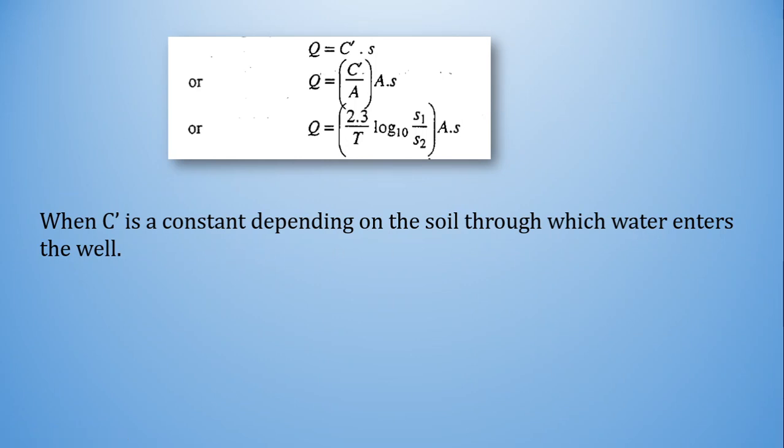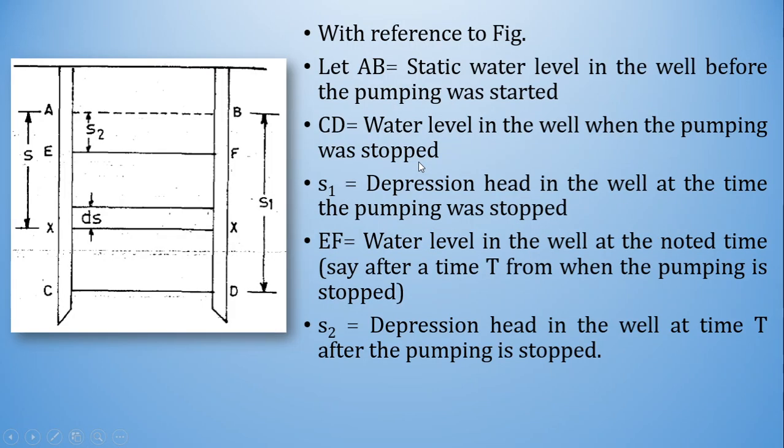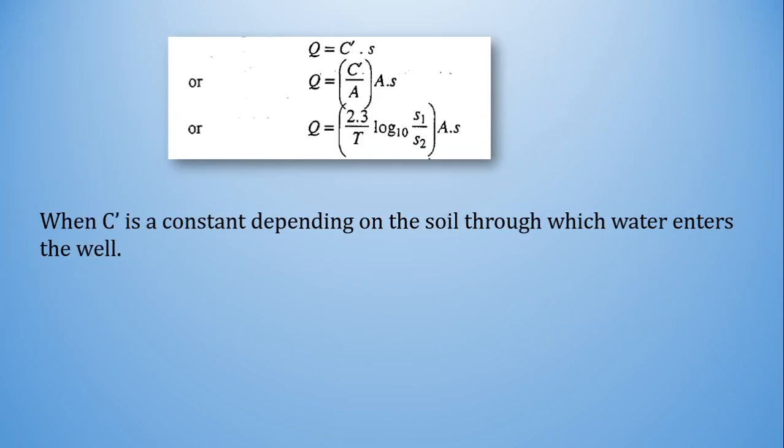At the time of examination, this C dash or the transmissivity will be given to you, and the values of S1 and S2 will be given in the numerical. So you have to remember this formula to find out the discharge with the help of the recuperation test.